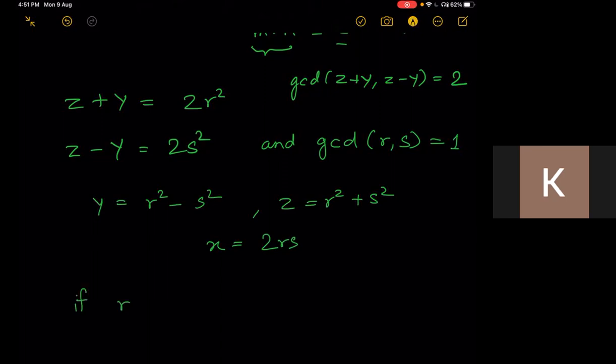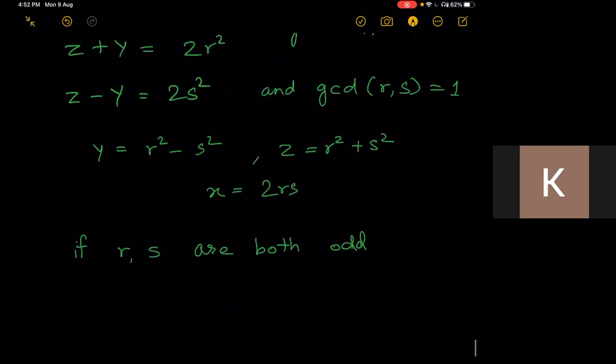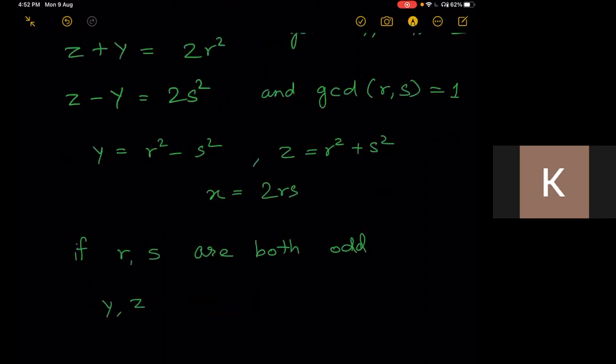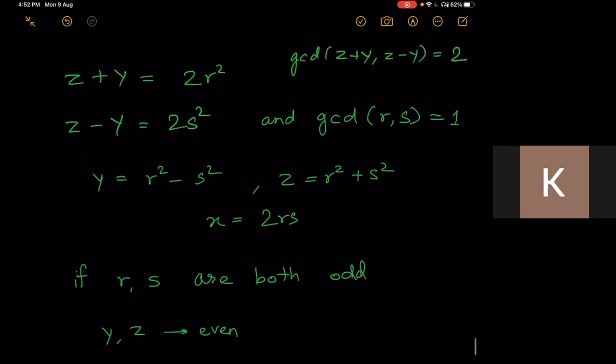If r, s are both odd, then what happens? Then y comma z are both even, because odd minus odd is even, odd plus odd is even.